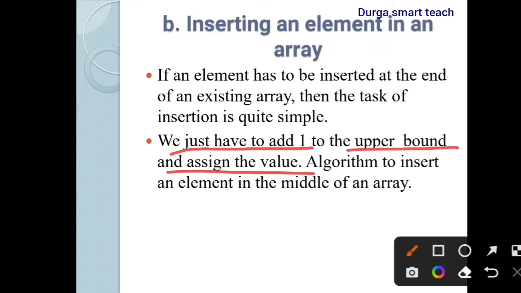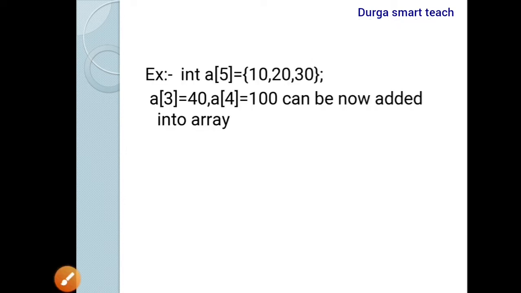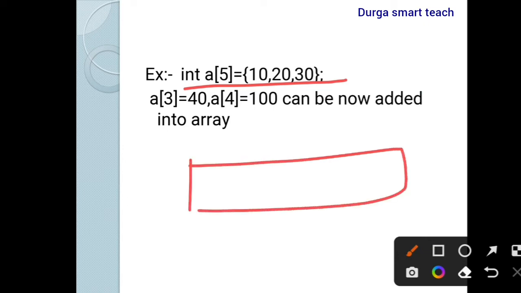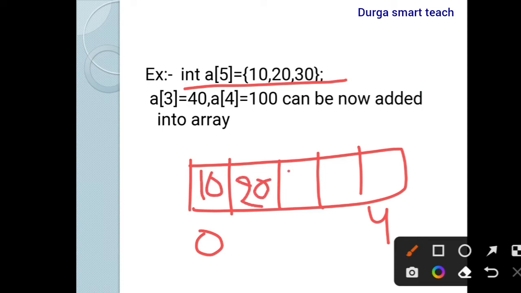Now the algorithm to insert an element in the middle of the array. If you want to enter an element at a particular position, see the algorithm. Here, first int a of 5, so 5 memory locations are allocated: 10, 20, 30.